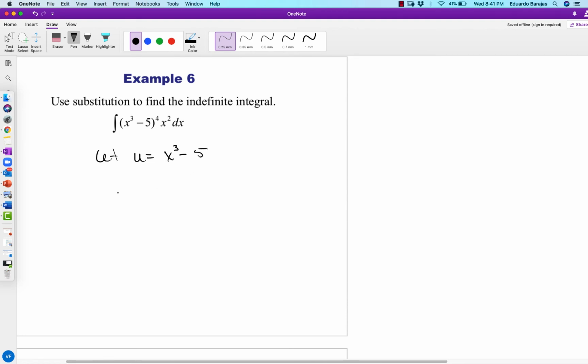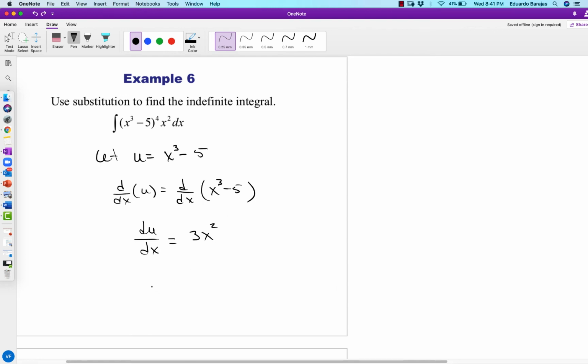And so now if we take a derivative with respect to x, we get that du/dx is equal to d/dx of x cubed minus 5, which gives me that du/dx is equal to 3x squared minus 0, so 3x squared.